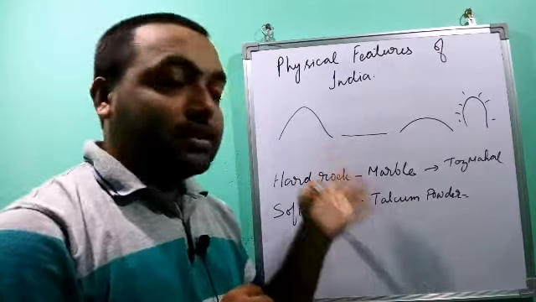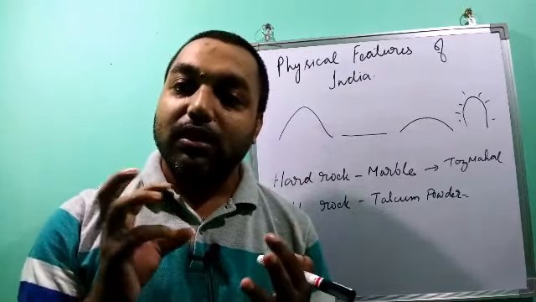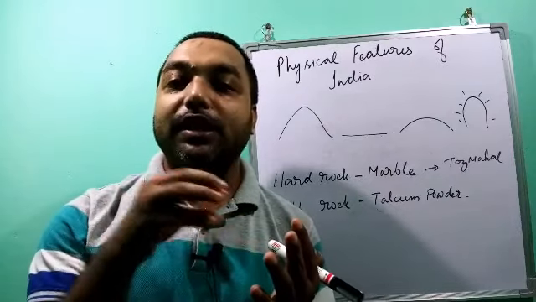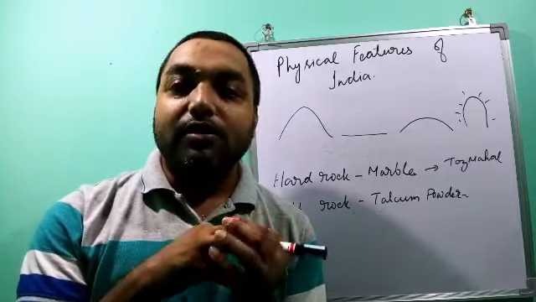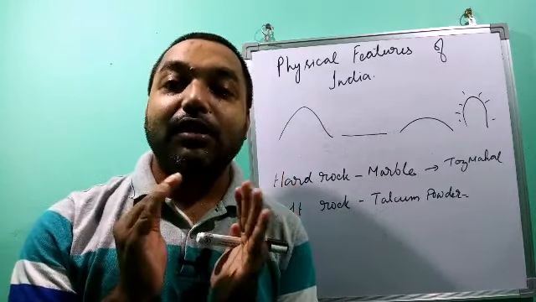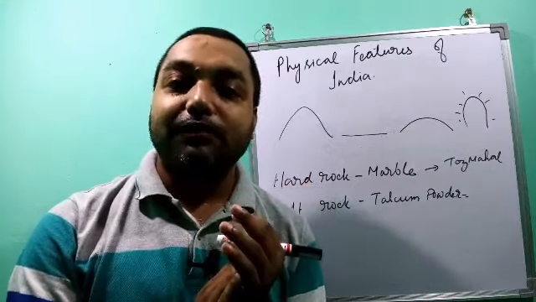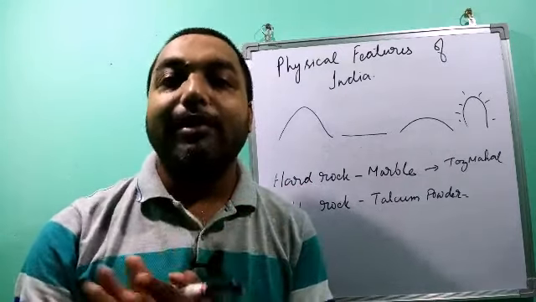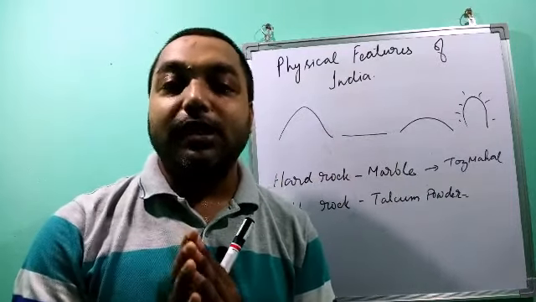Now all these characteristics that we find in different parts are logically related to something else. Different parts of India were made in different geological periods, like the peninsular part, the Himalayan mountains, and the different parts that we see.